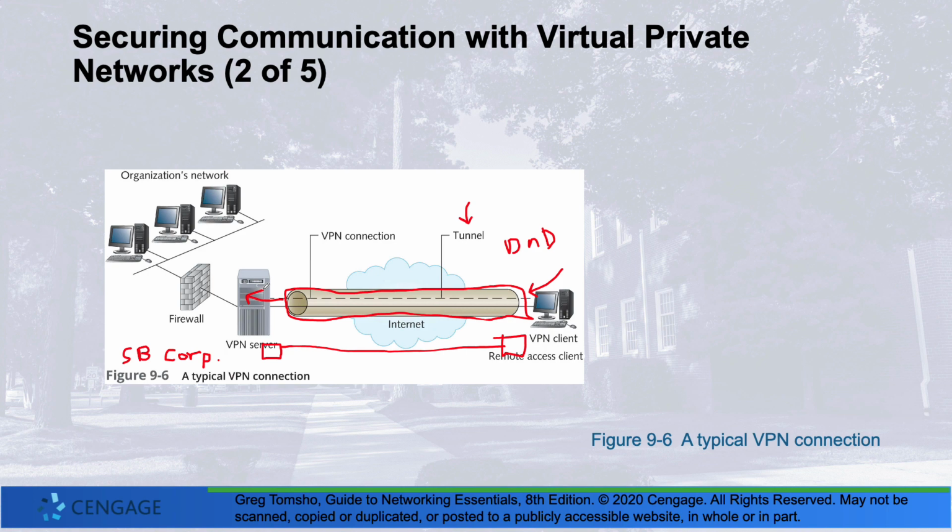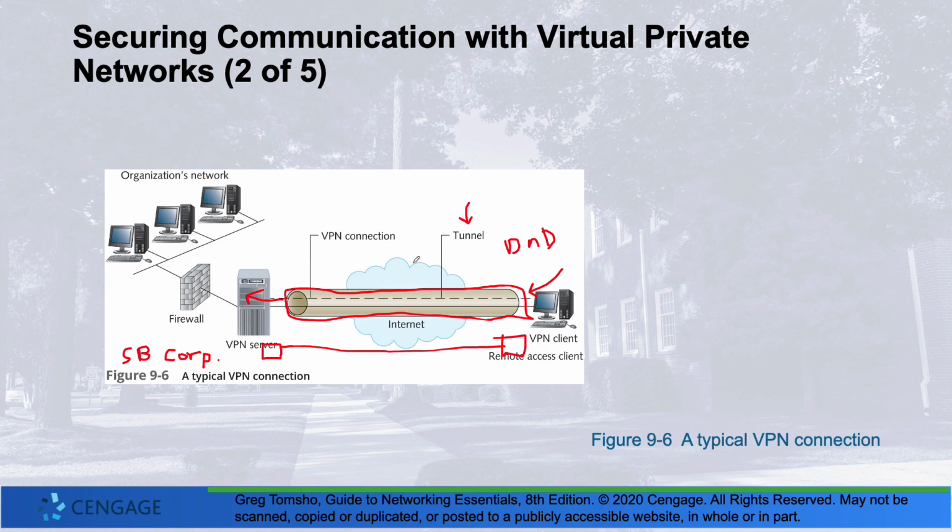So even though Starbucks is running this internet connection, they can look down in the network traffic, and what they'll see is IPsec packets. They will not see my data, nor can they open it and view it. So they know they're carrying data, they just don't know what the data is. Okay? And that's what a VPN does.